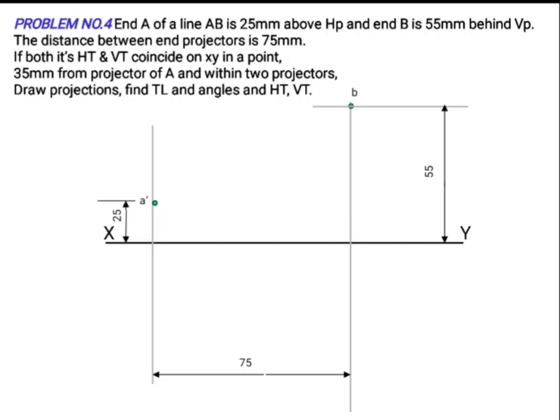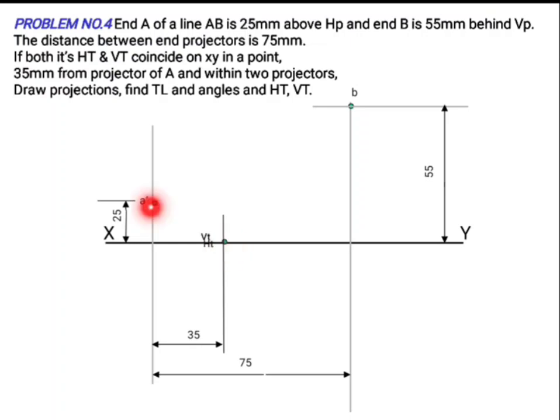Now we have the point A dash and B. Another data given is that both HT and VT coincide on the XY line in a point 35 mm from the projector of A. So from the projector of A, I am going to mark 35 mm and in that position I can mark the point HT and VT.